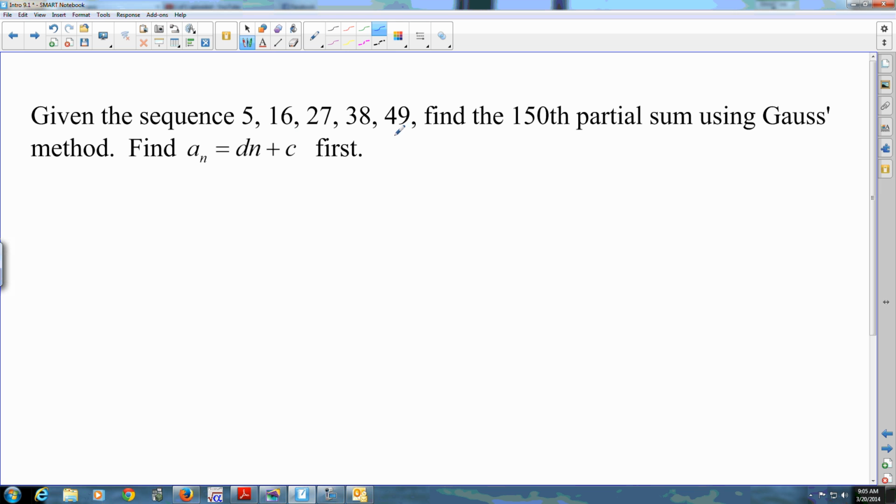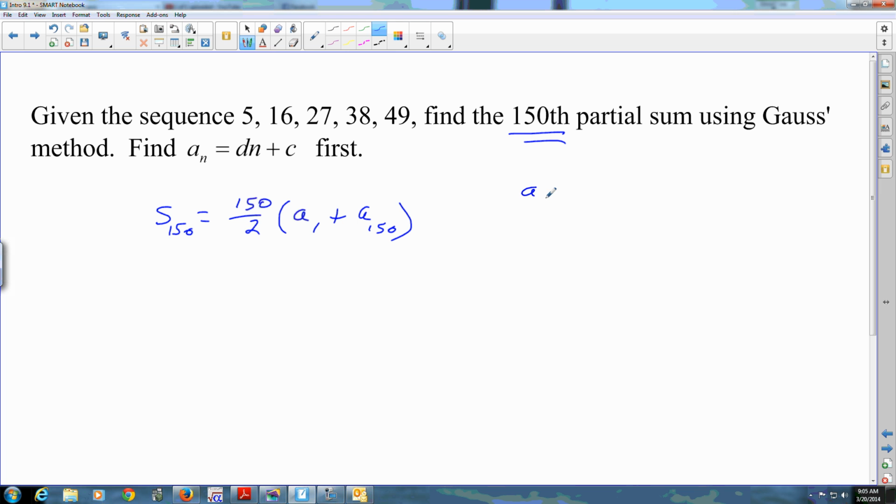Given this sequence, find the 150th partial sum. So add up the first 150 numbers generated by that pattern. Filling it out, you want S sub 150, the first 150 terms in the sum. So that's 150 over 2, times your first term plus your 150th term.